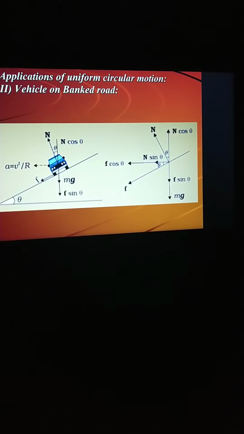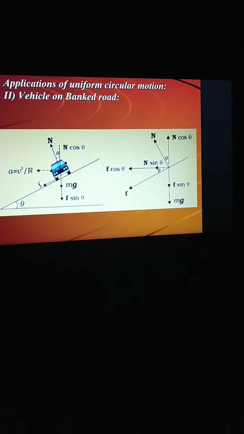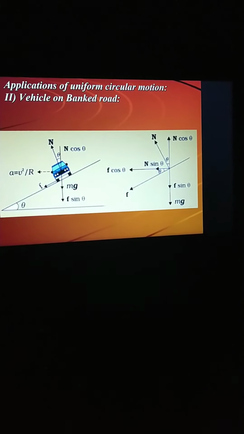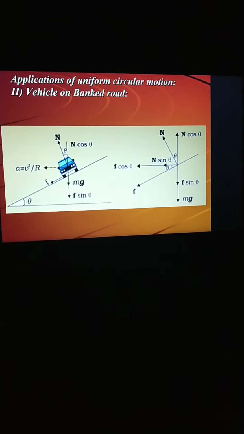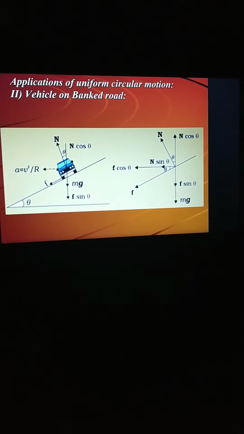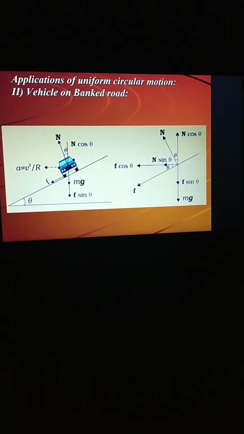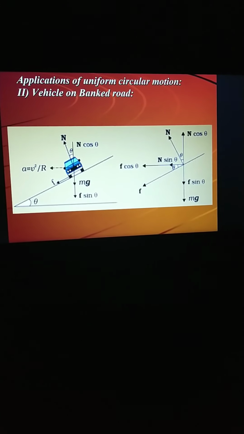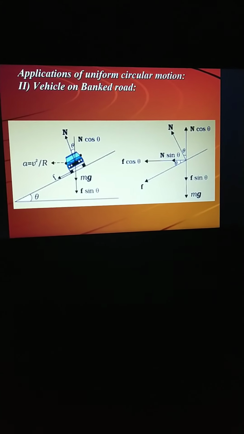If you consider the vertical original component of N, that is shifted by angle theta, so the adjacent side of N will be N cos theta and the opposite side will be N sin theta, as you observe in the figure. Similarly, the force of friction F will be along the radius towards the center, so this force of friction will again be shifted by angle theta. So again the two components of the force of friction F are: adjacent side F cos theta and opposite side F sin theta.